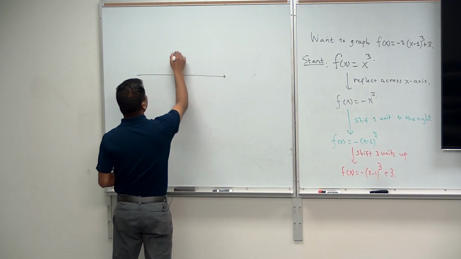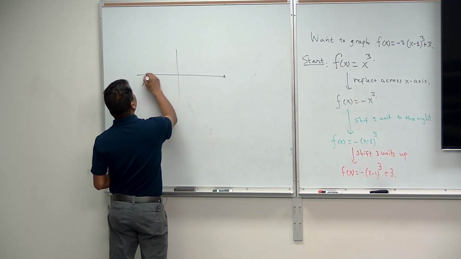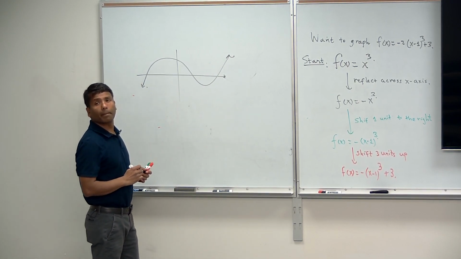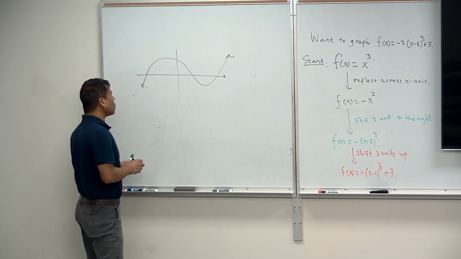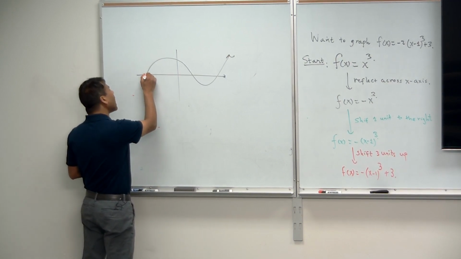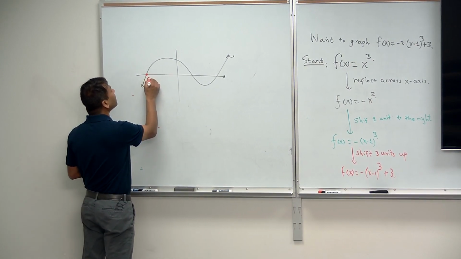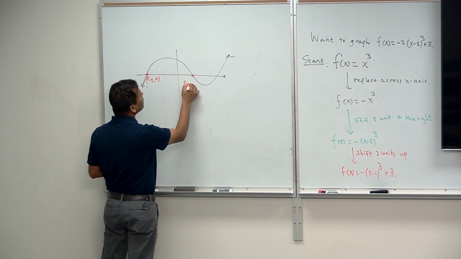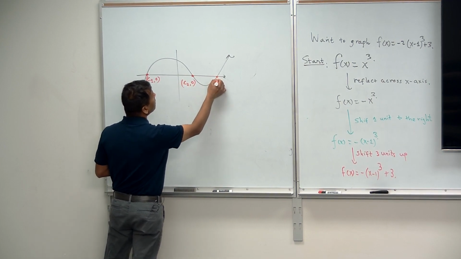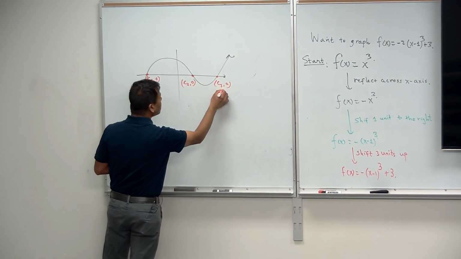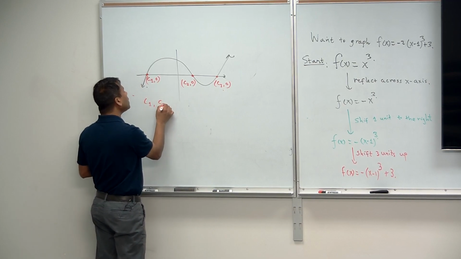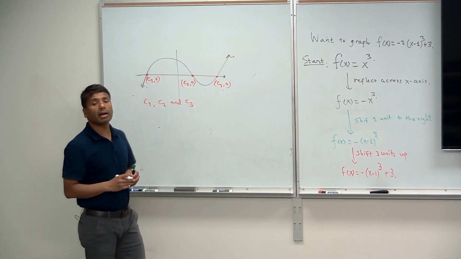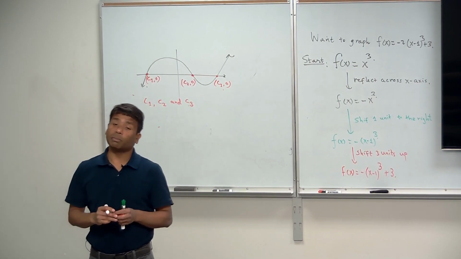Let's say you have a graph like this. The graph simply crosses the x-axis. Let's say this is (C1, 0), and this is (C2, 0), and this is what? (C3, 0). So C1, C2, and C3 are zeros of multiplicity 1.